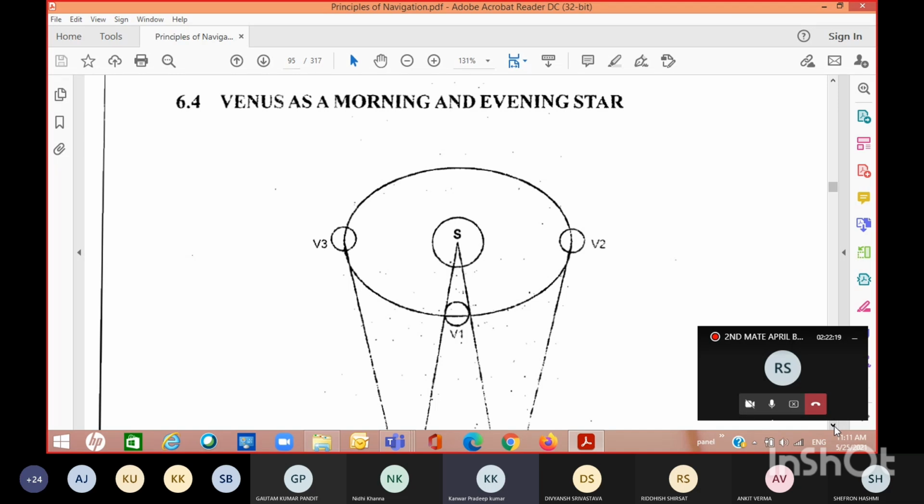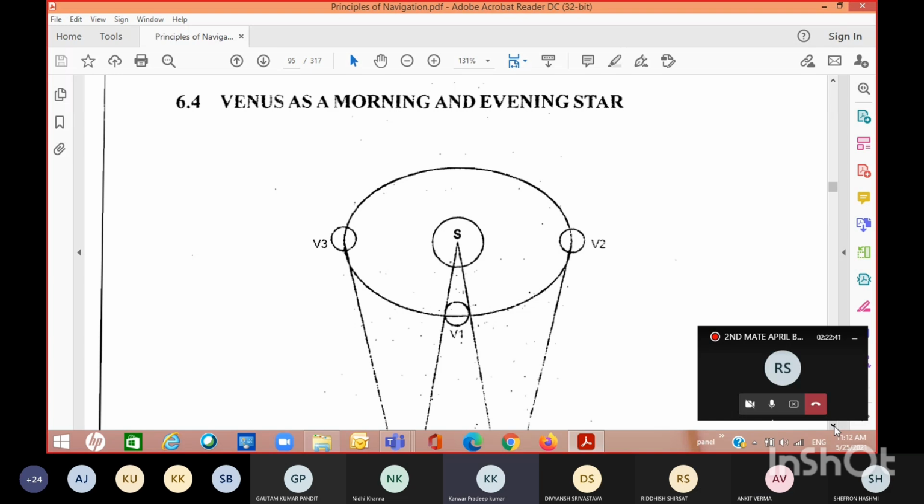Has anyone seen Venus? Planet Venus? Yes, sir. At sea, you must have seen. It's quite bright. It looks like a star, very bright. So when can you see Venus?